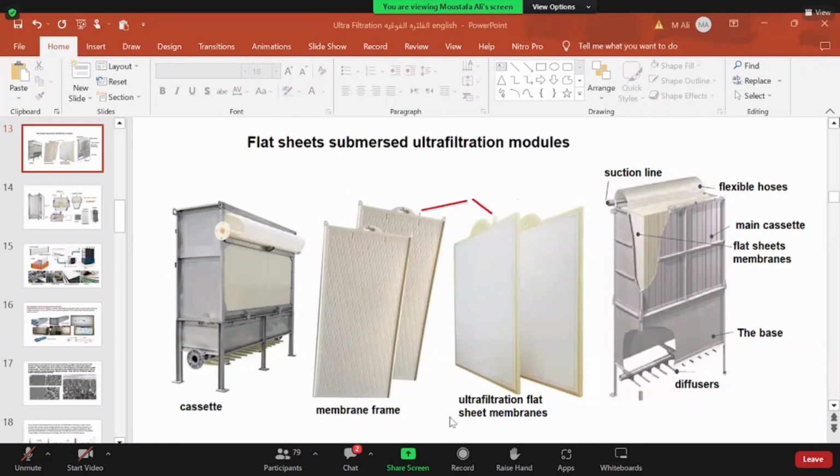So this is the flat sheet. In general we have this main header for sucking the water or fluid, and here for air. And this is the cassette, which consists of several membranes arranged successively next to each other. The gap depends on the application for which we use this kind of element.